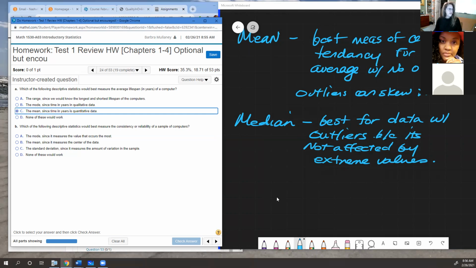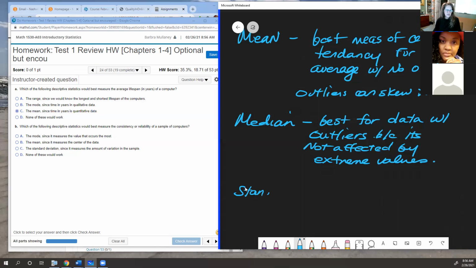The mode, the mean, the standard deviation, or none? All right. The standard deviation basically measures how far from the mean all the data is. It's the spread.